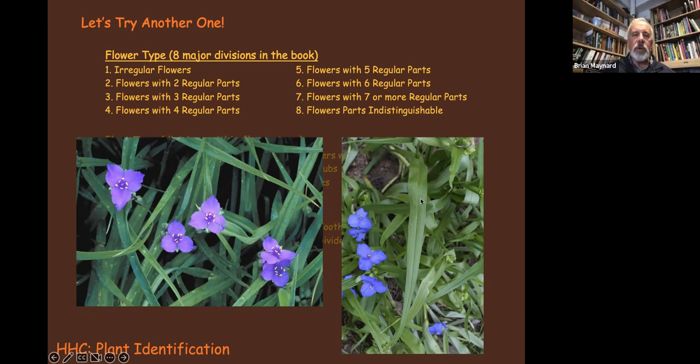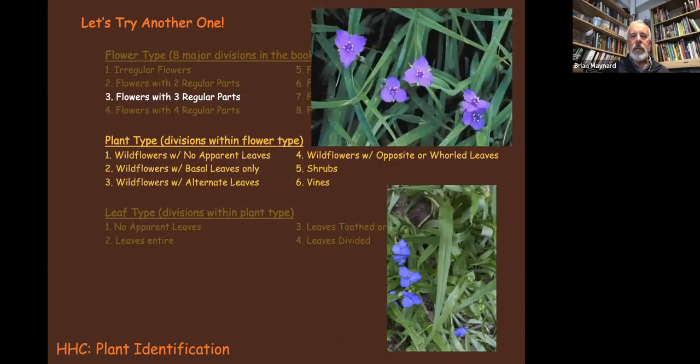So let's answer these questions. Again, going to Roman numeral page 10. Let's just pull that page up again and answer the questions. So first of all, what flower type do we have? Well, we have flowers with 3 regular parts. So that would be number 3 in our 3-number code.